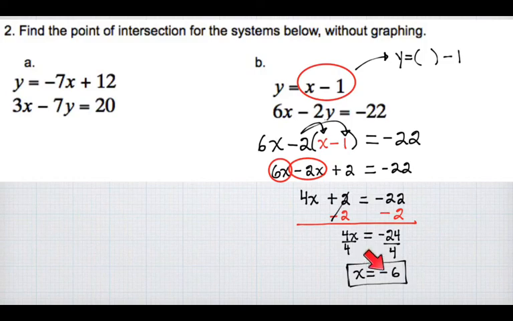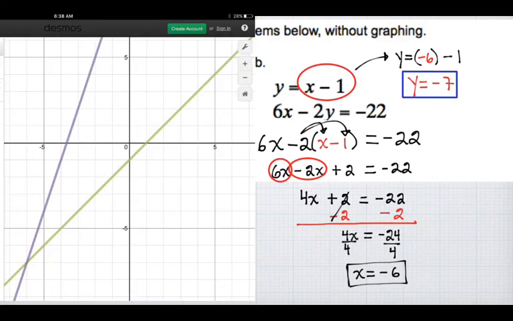Remember that the value of x is negative 6, so I'm going to plug that in right here. Negative 6 minus 1 would be negative 7, which is precisely what I wanted, because the point of intersection was at negative 6 and negative 7, just like we saw in the graph, right over here at negative 6, negative 7.